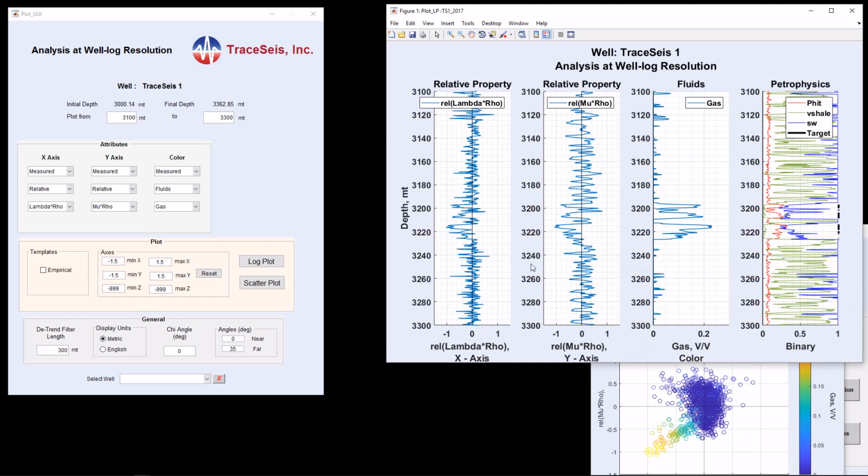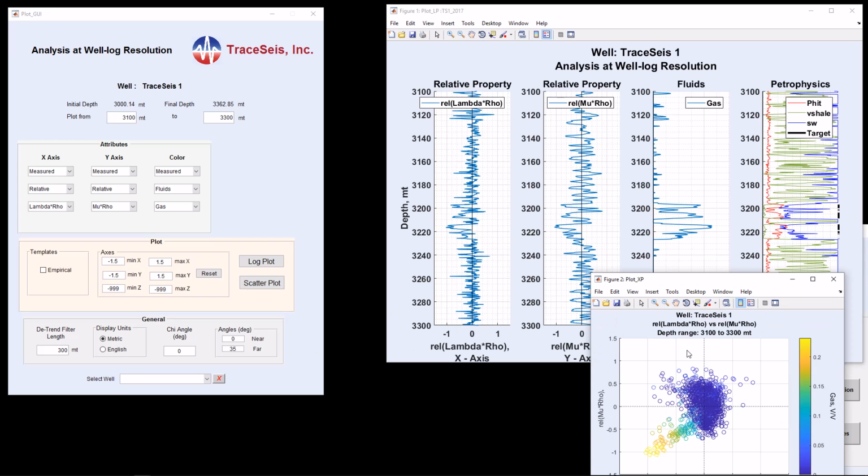We have relative lambda rho in x, relative mu rho in y, and gas volume as the color in the scatter plot, or in the third track. Now we would like to get a single attribute that highlights or makes the reservoir stand out.